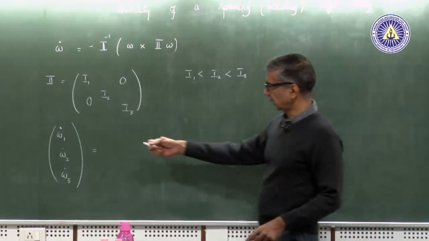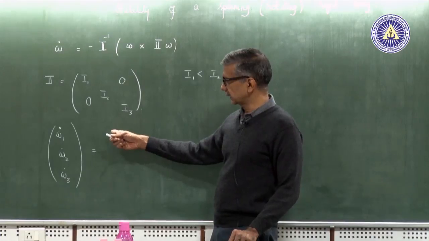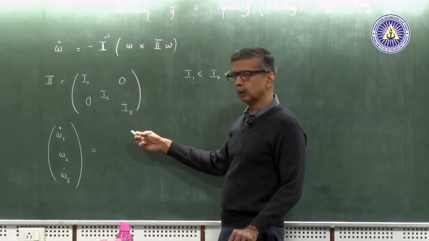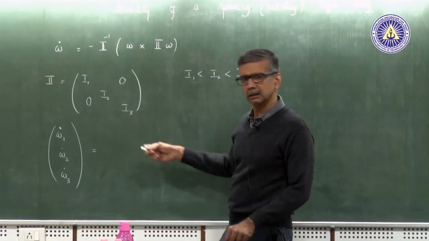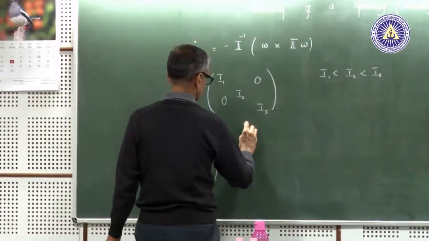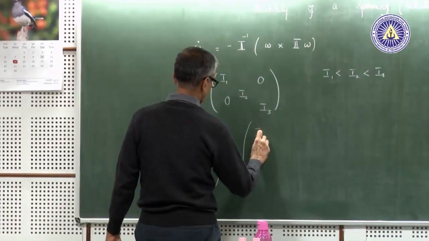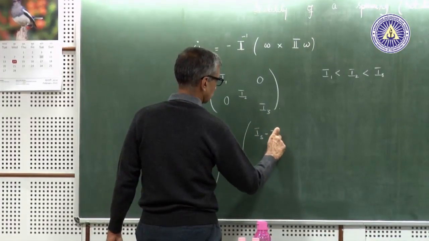So, I think you had I2 minus I3 omega 2 omega 3, right? Is that right? Can you tell me the first? Yes, I3 minus I2 omega 2 omega 3.